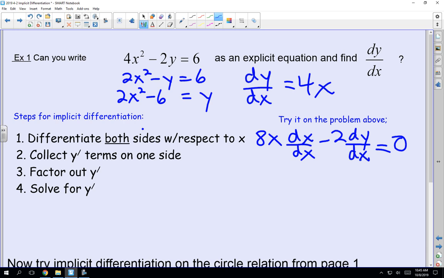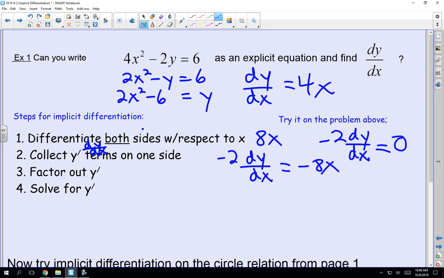And then we collect all the y prime or dy dx terms onto one side. We've got one dy dx term. We're going to keep that on the left-hand side, and then move the 8x over.